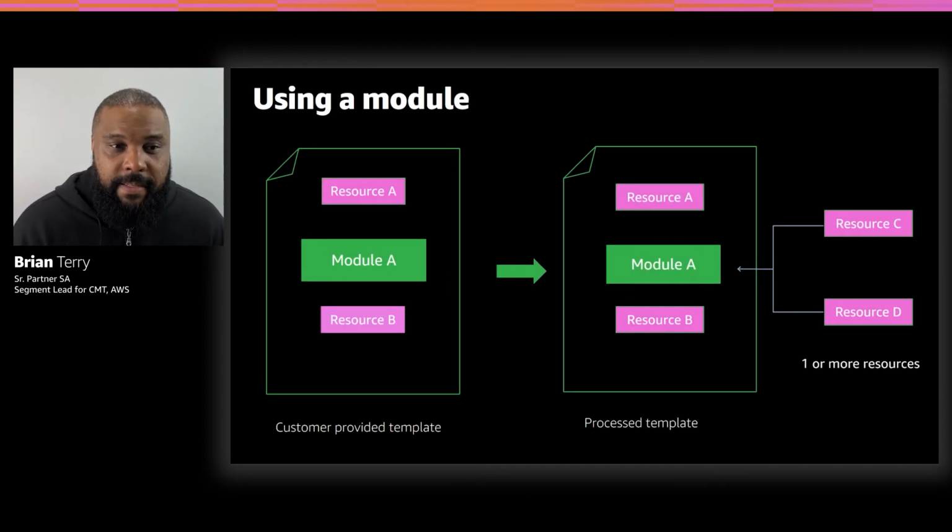On the left, the developer creates a standard CloudFormation template in which they have a resource A and a resource B, and they have a module. Say this module is that 3-tier architecture. When that CloudFormation template is submitted to CloudFormation, that module is broken out into its underlying resources.